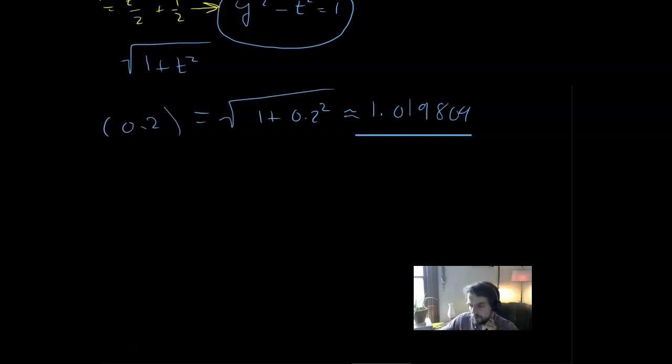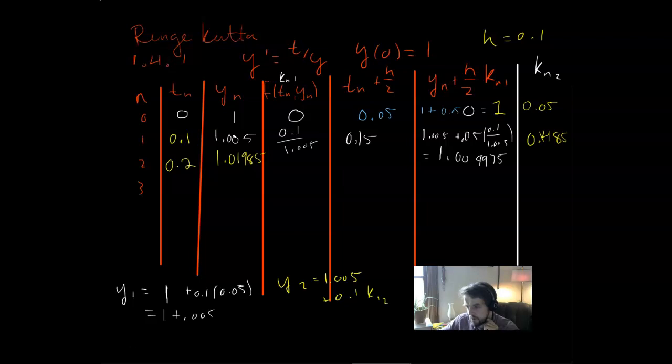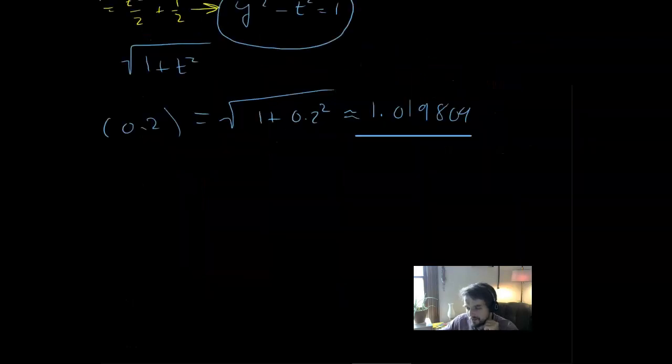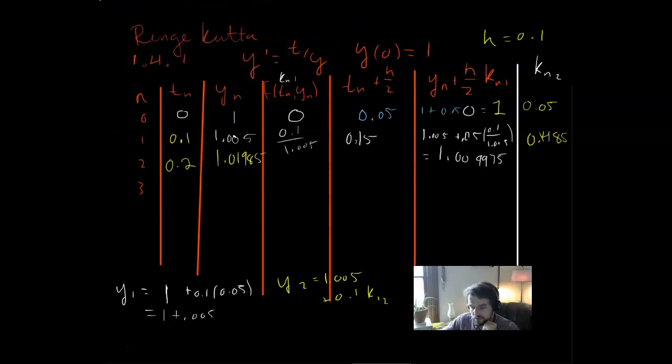Well, where are we now? We just found 1.0198. Look how close that is. 1.019804 is exact. Our value for t being 0.2 is 1.01985. So this is clearly at that point much more accurate than the other methods. This is normally the case, not always, but normally that is what happens.